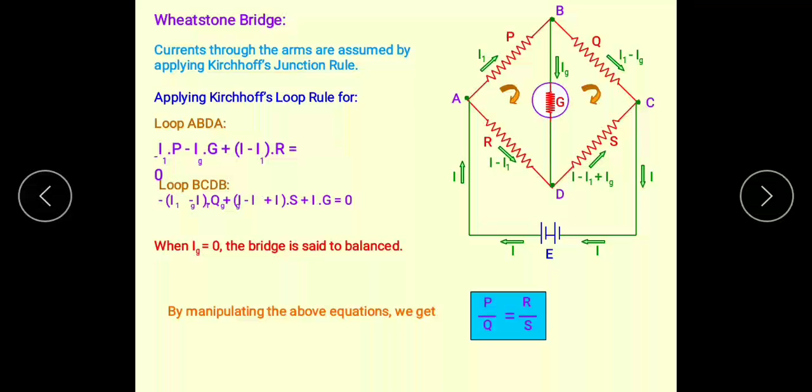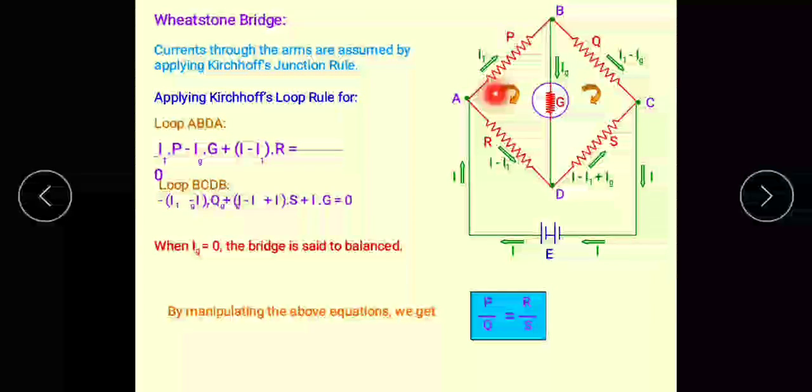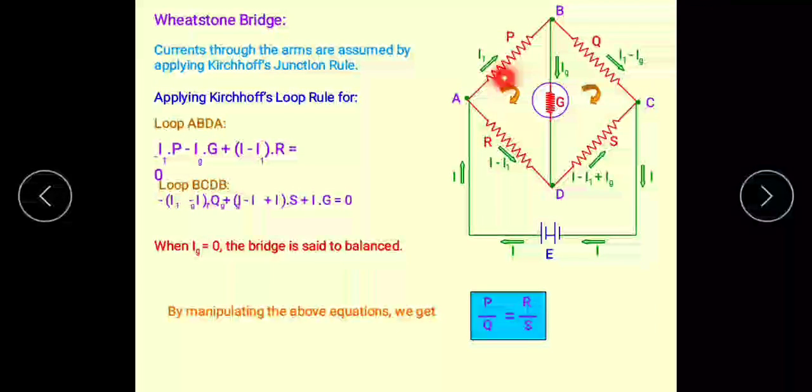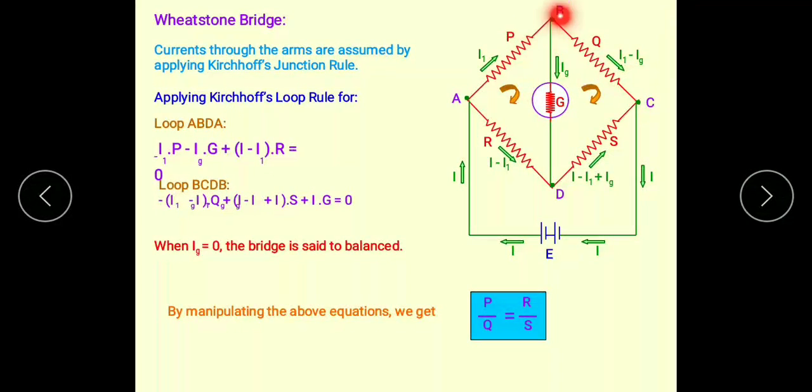Here we are calculating in the clockwise direction, so the direction of the current is A to B, and the direction of calculation is also A to B. Both are in the same direction, so we will take the potential difference negative.